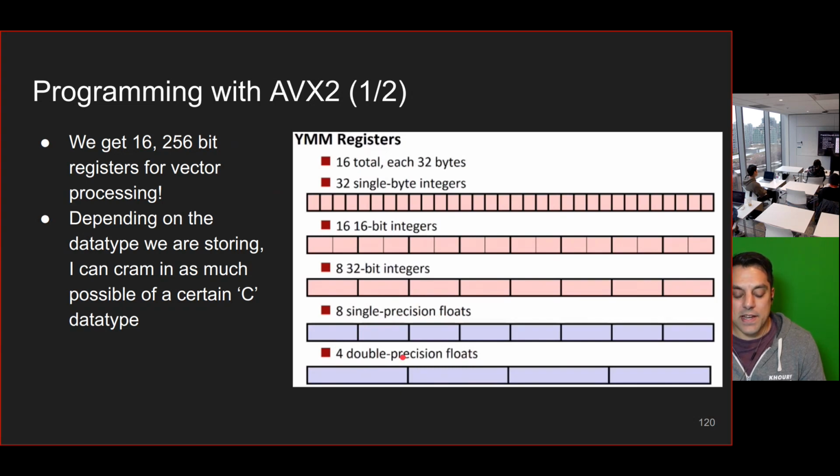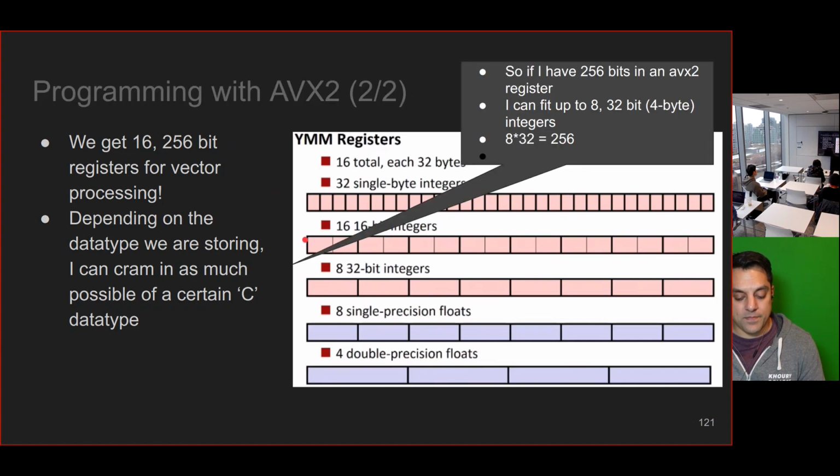These are convenient numbers, meaning that 4 doubles tend to be our VEC3s, right? We have 3 doubles, or maybe 8 floats. We can pack information into these special registers and save, again, 2 or 3 times the amount of time in some cases. So this is just the math of how many bits I can fit in these registers.